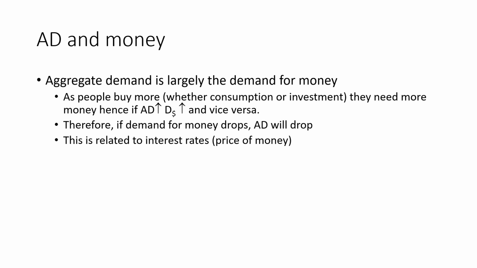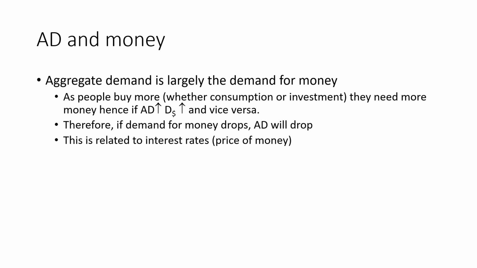Now, we're going to talk about this more when we get to monetary policy, but let's just go with what we've got so far. What we just talked about, a couple of slides back, before the graphic illustration of aggregate supply, was the idea that if interest rates rise, that means the cost of borrowing money has risen, okay? That means the price of money has risen.